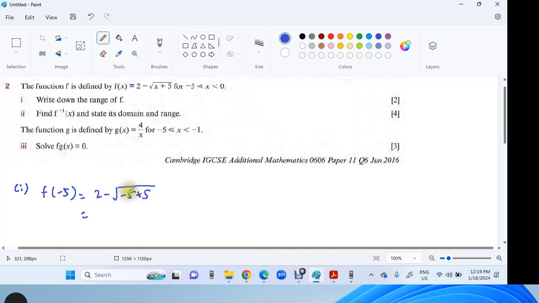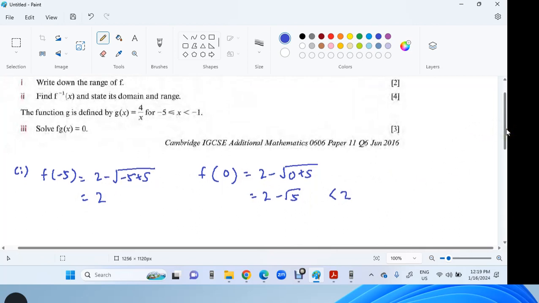So it will be square root 0, and 2 minus 0 is 2. And we find f of 0, then it will become 2 minus square root of (0 plus 5). Then it is 2 minus square root 5. Okay, 2 minus square root 5 is smaller than 2. This is less than 2.